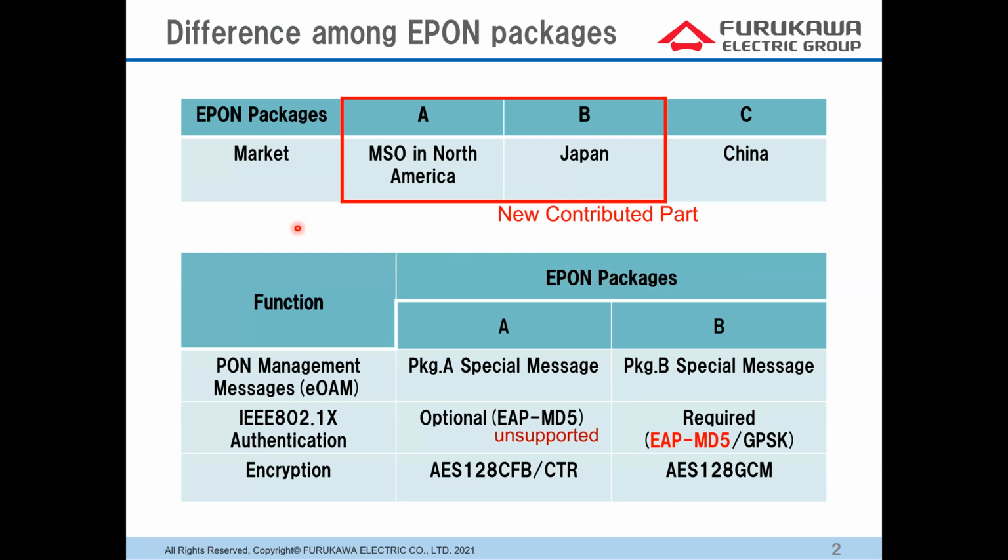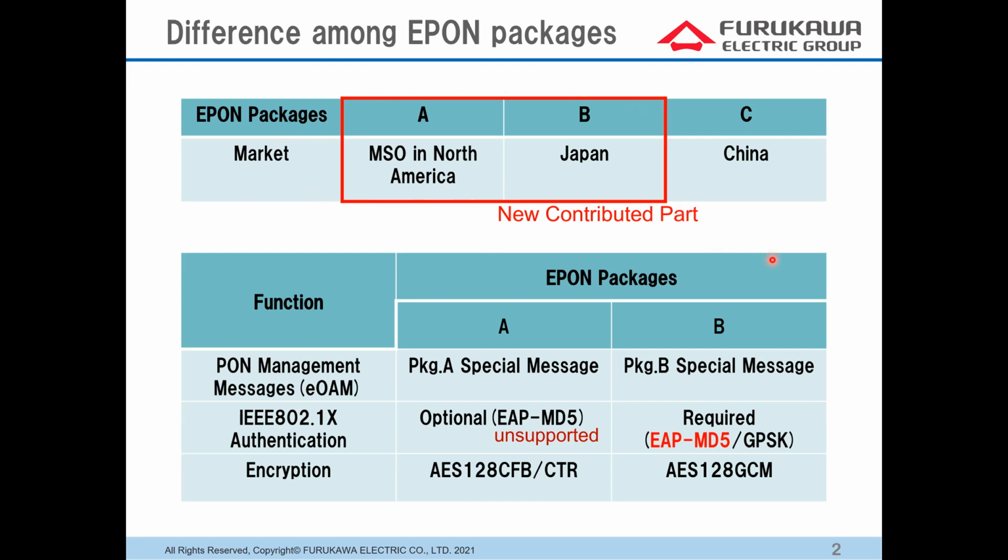The chart above shows the market for EPON. The ONU market for each package is, as Mr. Suzuki said earlier, package A for MSO in North America, package B for Japan, and package C for China. Our contribution supports the market in the red box.